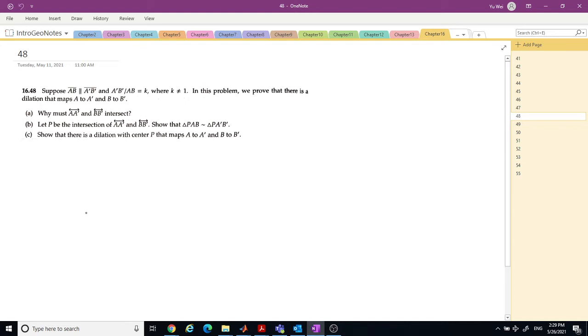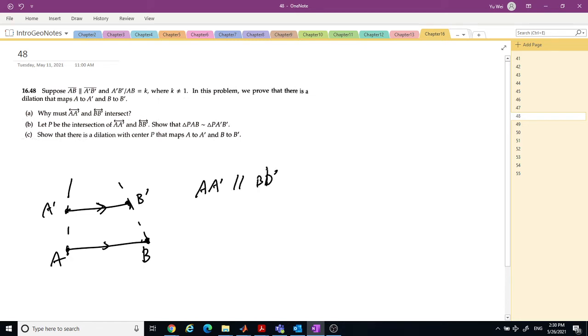If AB and A prime B prime are parallel, right? If they don't intersect, that means what? If they don't intersect, AA prime is also parallel to BB prime, right? Then we also have AB parallel to A prime B prime.